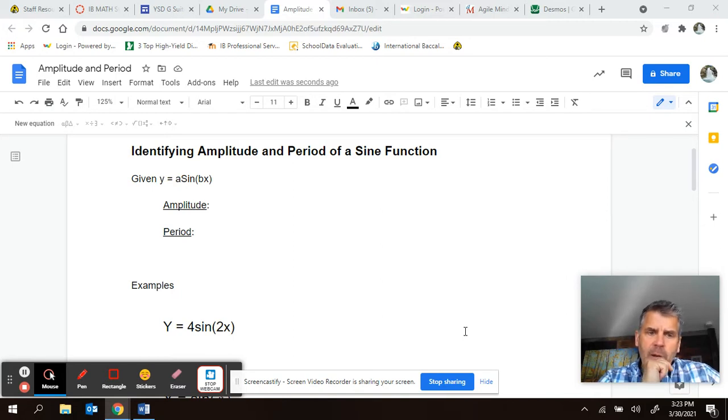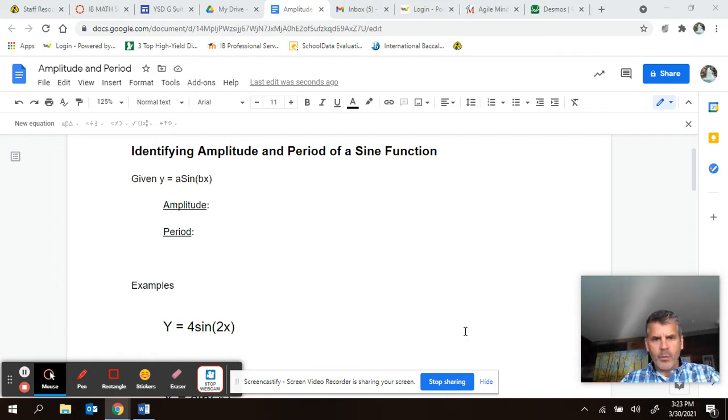I want to begin by pointing out that in these examples today, we're always going to have the form of our function as y equals a sine bx.